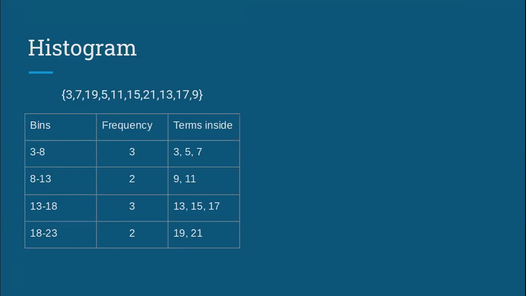Now remember, again, I said my bins were 5 units apart. If your bins were smaller, then you may have more than 4 bars. But I want you to get the gist of what is happening.